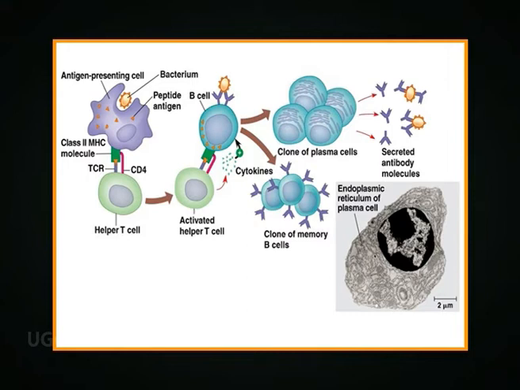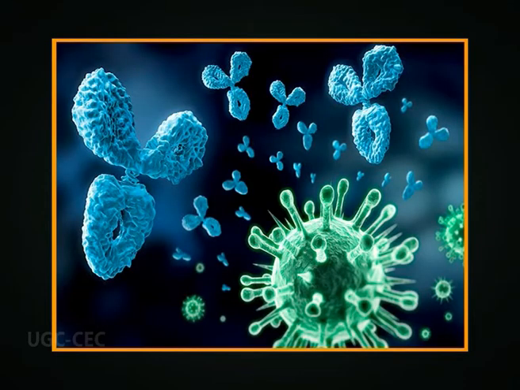In this kind of response, plasma cells derived from certain white blood cells, B lymphocytes, synthesize antibodies in response to the detection of a foreign macromolecule with antigenic properties. Antibodies, also called immunoglobulins, are made in response to specific antigens and react with those antigens.